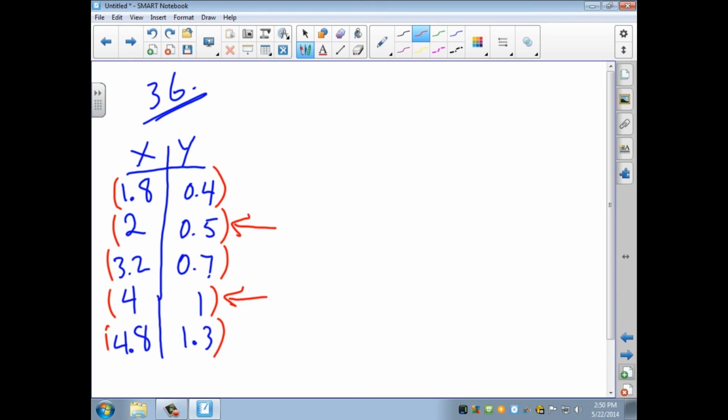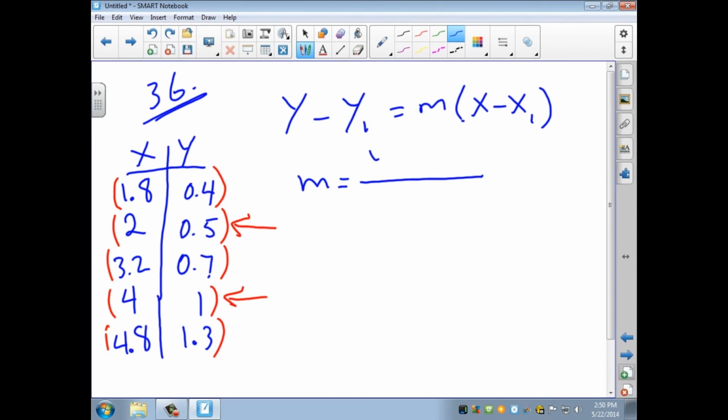Again, the formula to find the equation of a line is y minus y1 equals m times x minus x1. So first you need the slope. Taking those 2 points, the slope would be equal to, again, the formula of y2 minus y1 divided by x2 minus x1. One of them is the first point, the other one the second point.